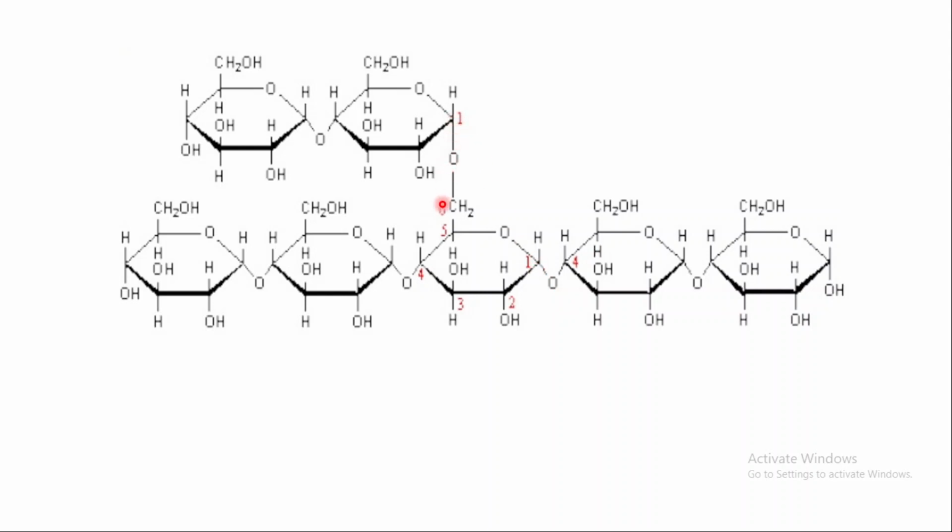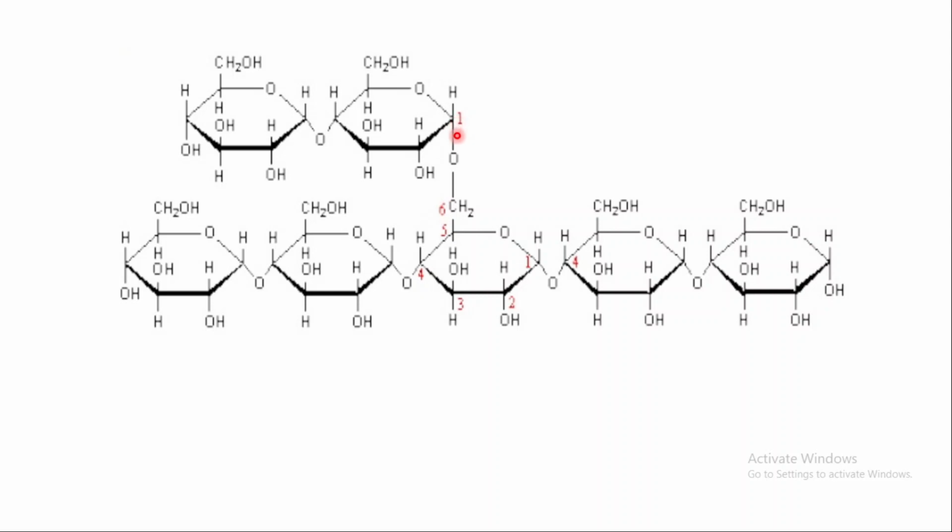But if you see this kind of bond, here also there is this CH2OH. From this CH2OH, OH is removed, and from here another H is removed. So this oxygen forms a bond. Same glycosidic bond, but here the positions are different.